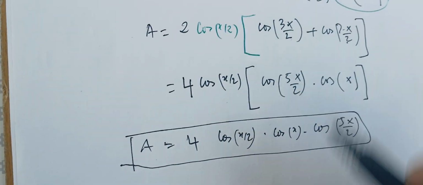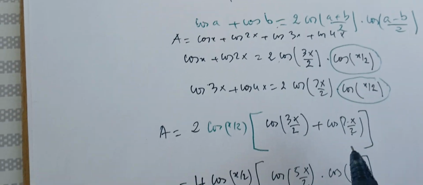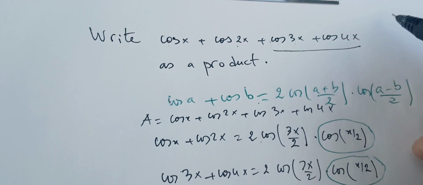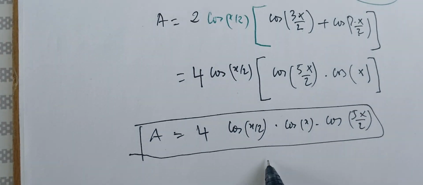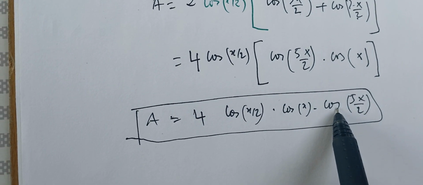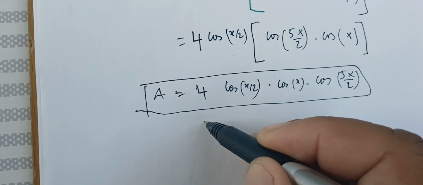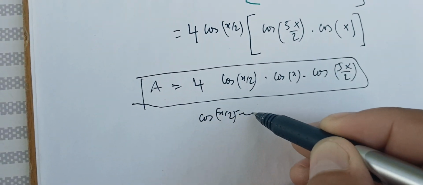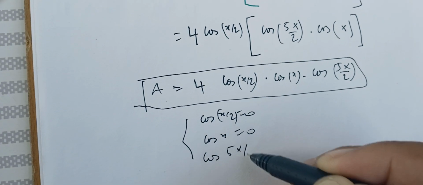Why did I have to write it as this product? What's the benefit? Assume that I want to solve this equation, being 0. Let's say I want to solve for 0. Here it's easy for me to solve, because this gives me that cosine of x over 2 is 0, or cosine of x is 0, or cosine of 5x over 2 is 0.